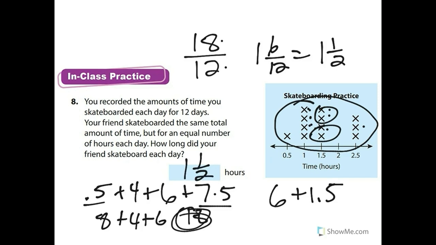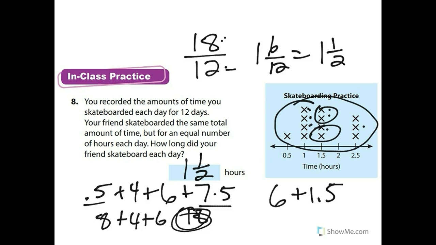It was 18 hours. You skateboarded 18 hours in 12 days. Well, I'm going to take the 18 hours and divide it by the 12 days. I get 1 and 6/12. Right? Because I take 12 away from that, I have 6 left, and then I simplify that. 1 and 1/2 hours each day is what your friend skateboarded.